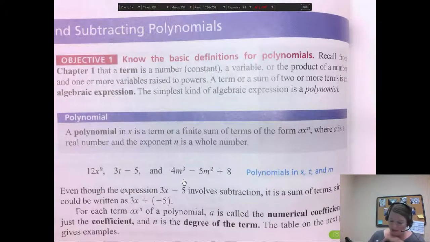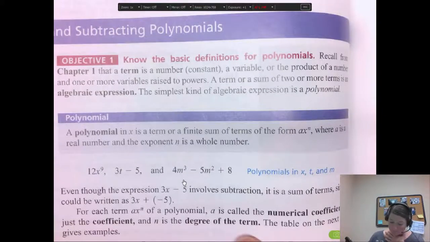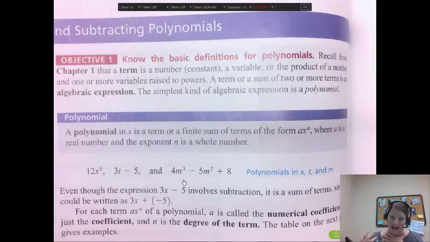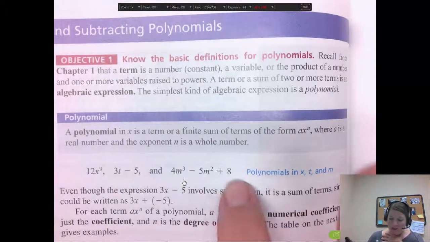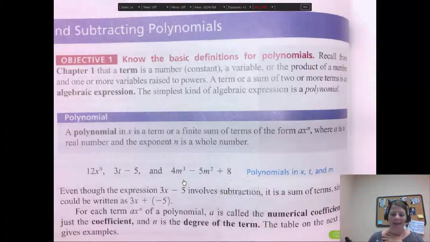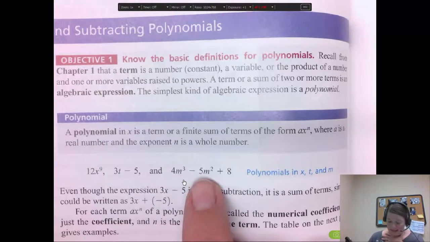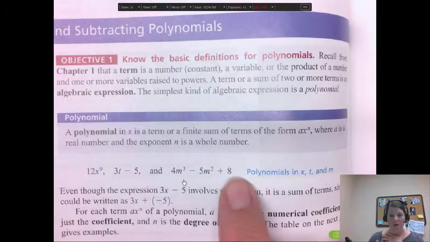Okay, the degree of the term. The degree of the term is the highest power when it's in descending order. So when I look at a polynomial, make sure that the exponents are going down in descending order. So this goes third power, second power, no power, right?